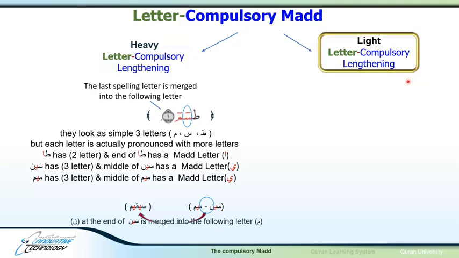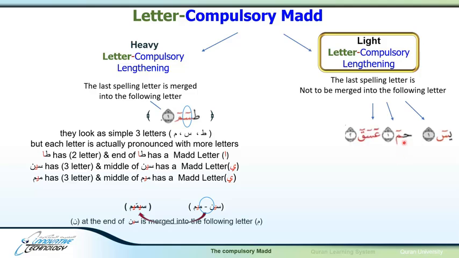So for the light compulsory lengthening, the spelling letter is not to be merged into the following letter. And the example is Yasin, and in Hamim or Ain, Sin, Qaf.